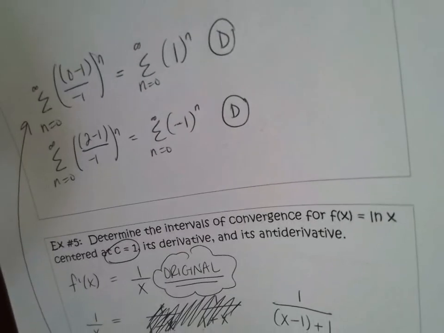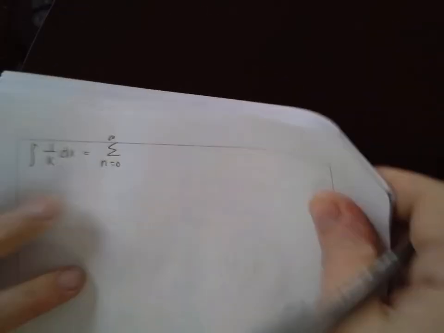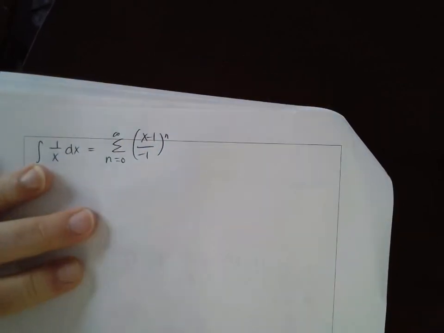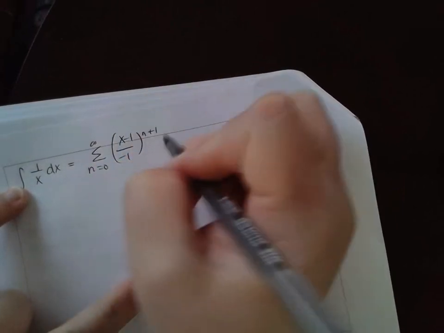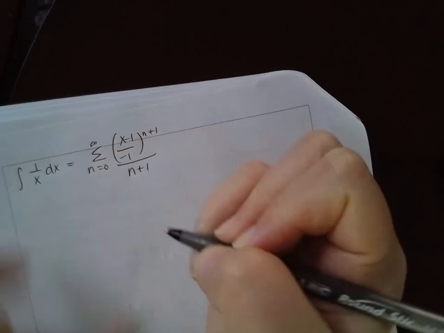Okay, so natural log, brain fart, here we go, x minus 1 over negative 1 to the n. The integral of it would add 1 over n plus 1.